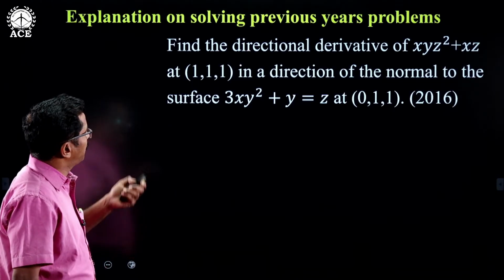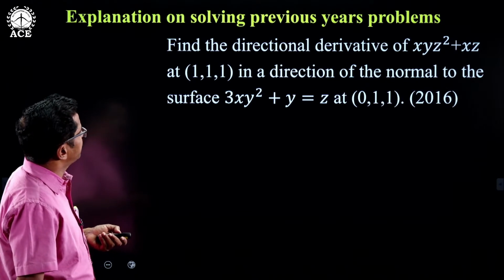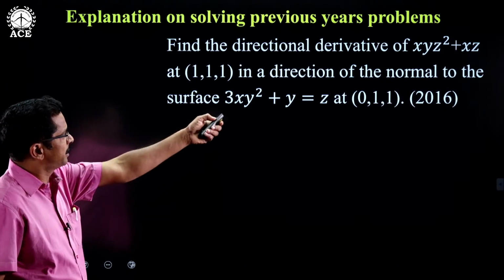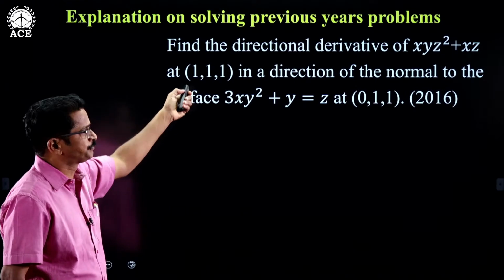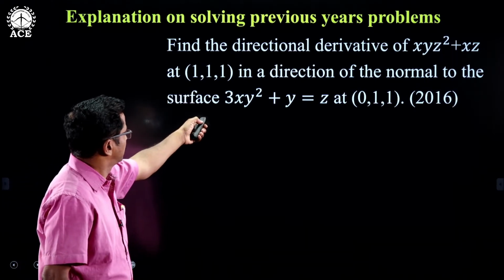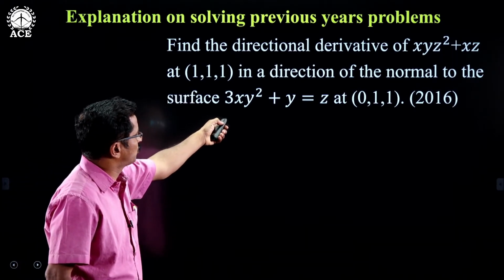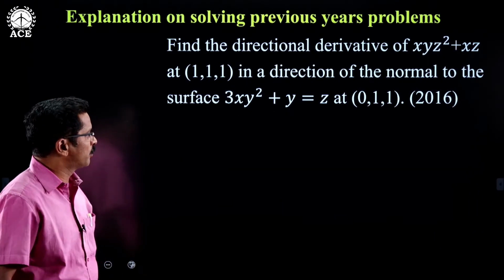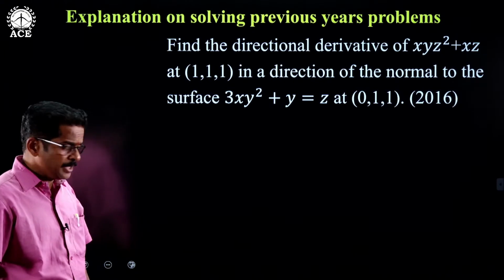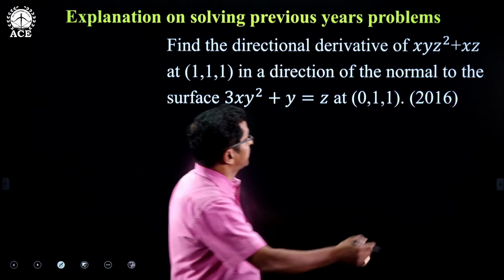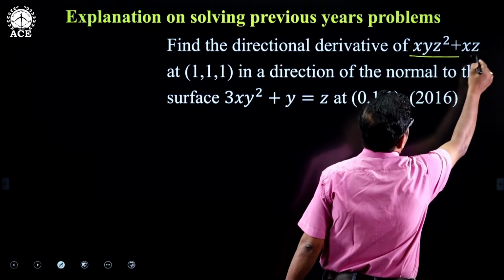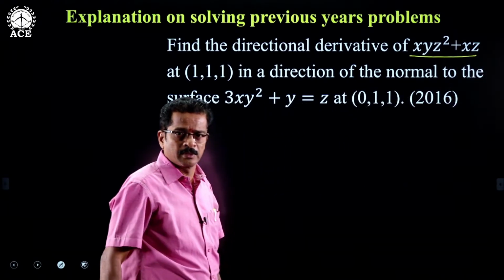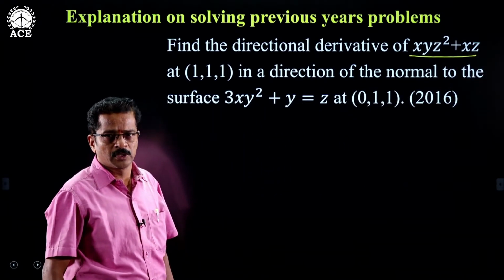Next, I am going to discuss the problem here. Find the directional derivative of that function at the point 0, 1, 1, 1 in the direction of the surface 3xy square plus z equals z.